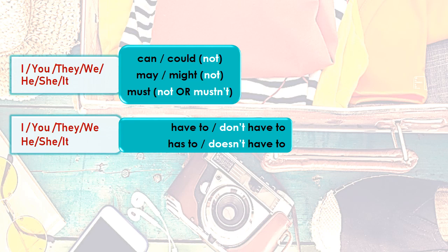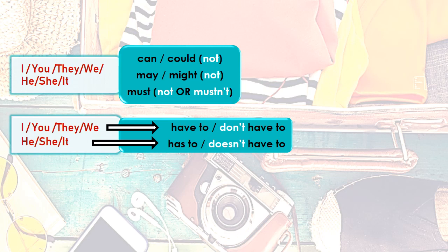I, you, they, we use have to for positive and don't have to for negative. Subjects he, she, it use has to for positive, doesn't have to for negative.